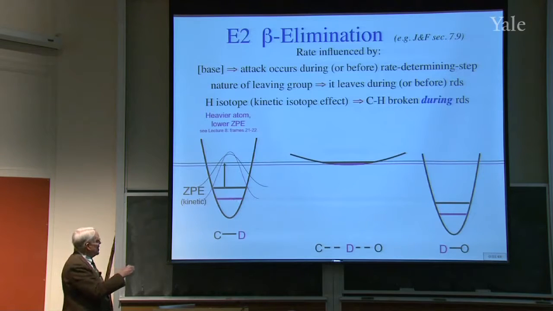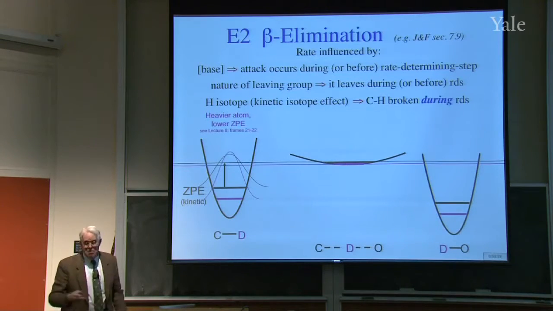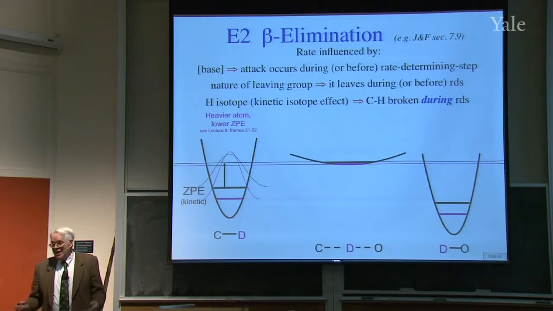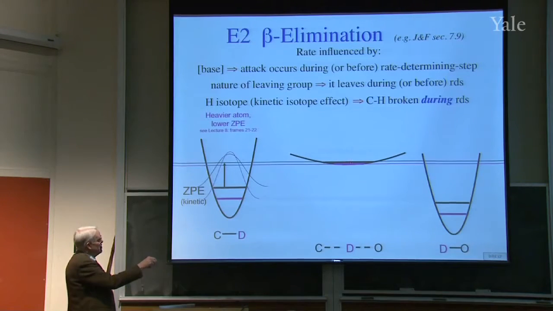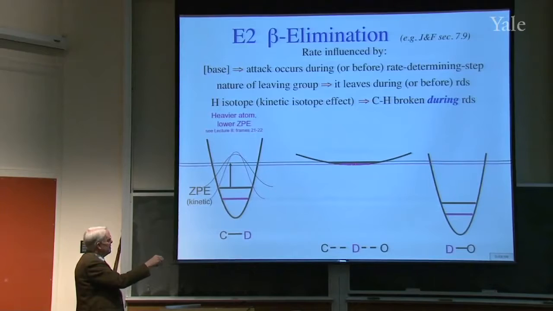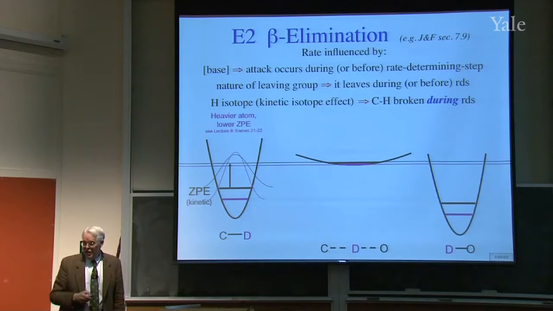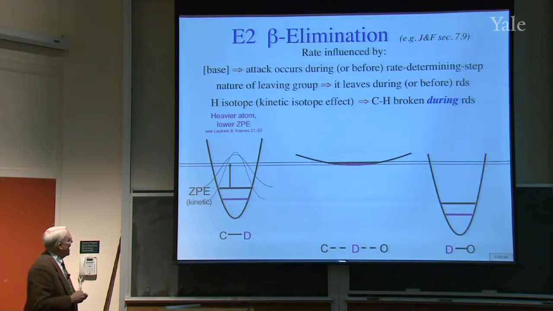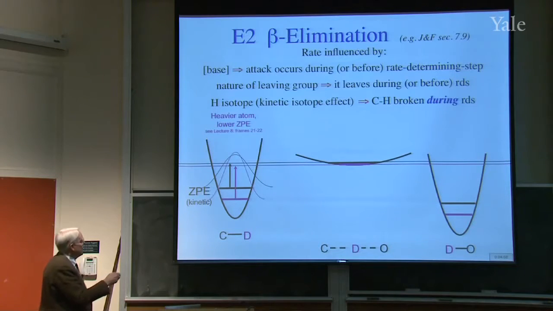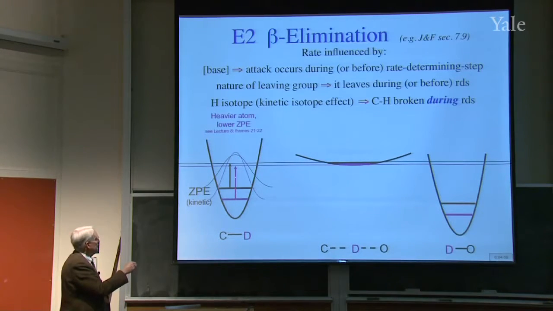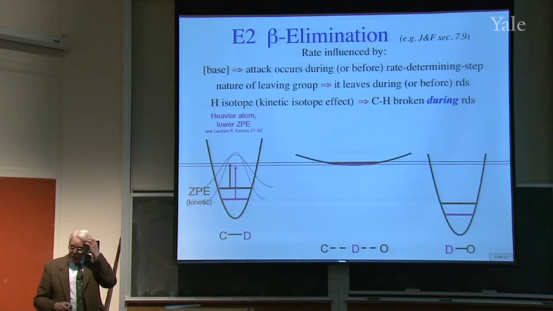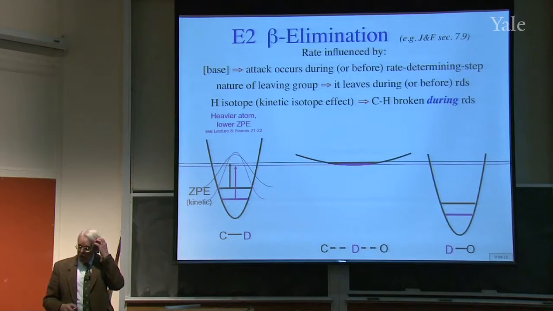So we have lower energy here, lower energy here, and lower energy here, but it can't be lower than the minimum. So there's hardly any change in the energy here when you go from hydrogen to deuterium, but there's a substantial change here and a substantial change here, right? So now, if you look at the energy that's required for the reaction, more energy is required for the deuterium because it started lower.